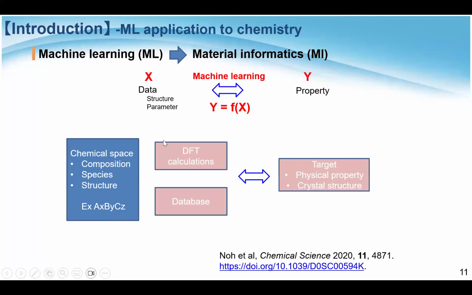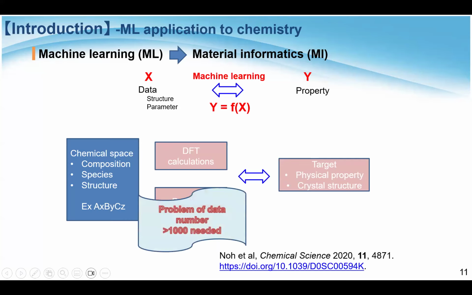In the MI, for example, chemical space, such as chemical composition, species, and structures. Simply, if you think about the chemical formula, you can do DFT calculations, or you can collect the necessary information from the database, which are correlated with the target physical property or structure.